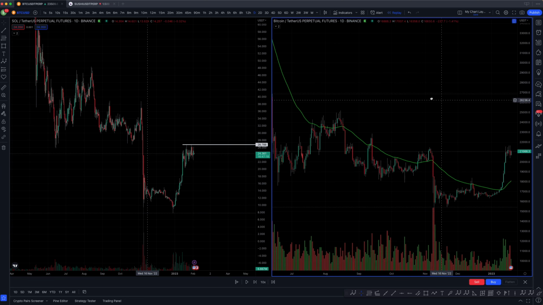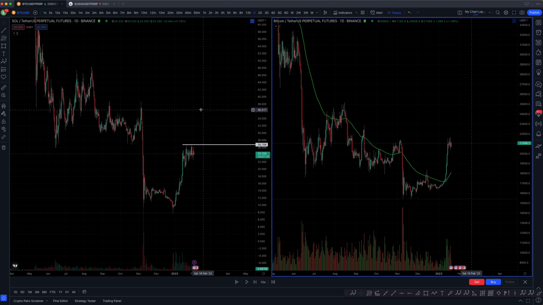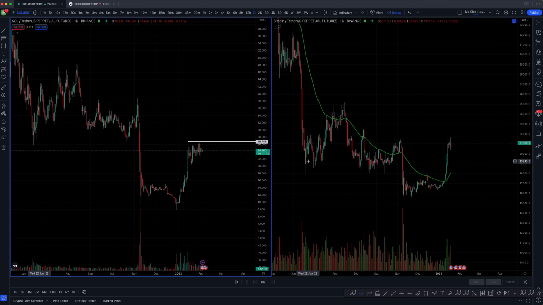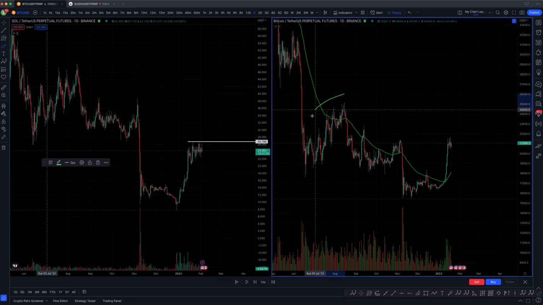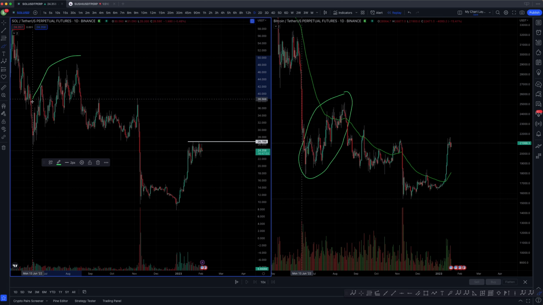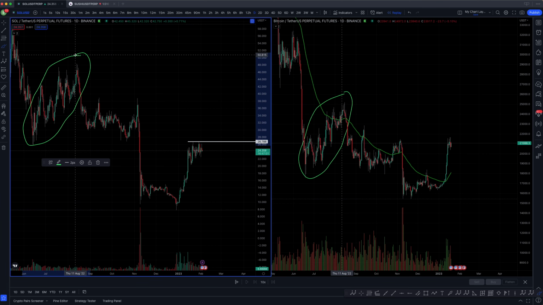So what you see here, on the right is BTC, on the left is Solana. See this area of Bitcoin and this area of Solana. Okay, now I will remove this.